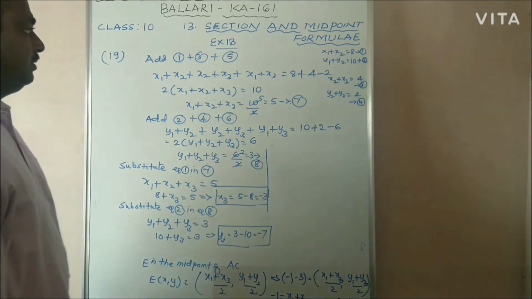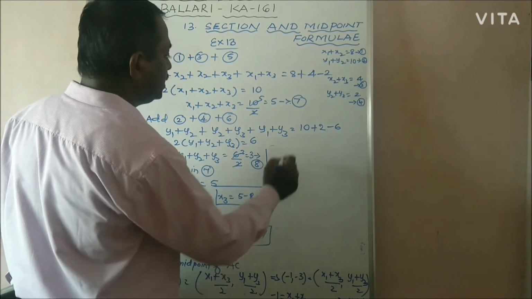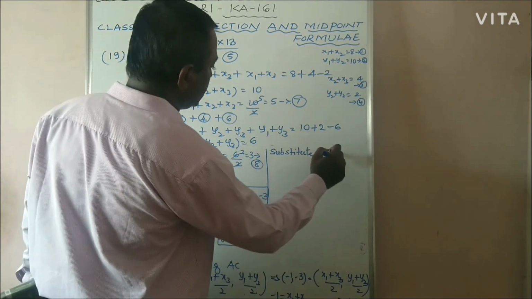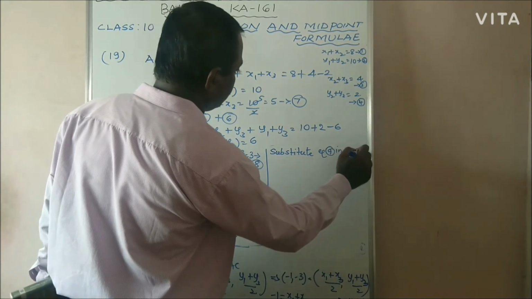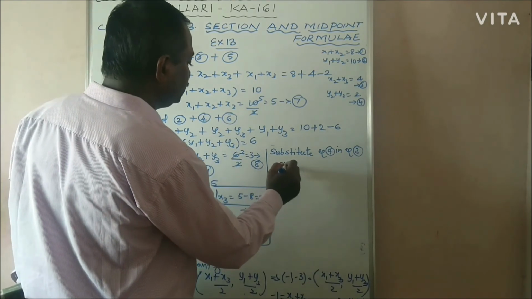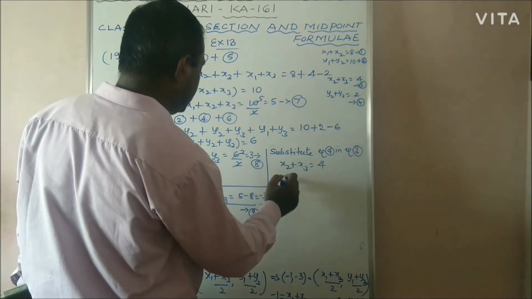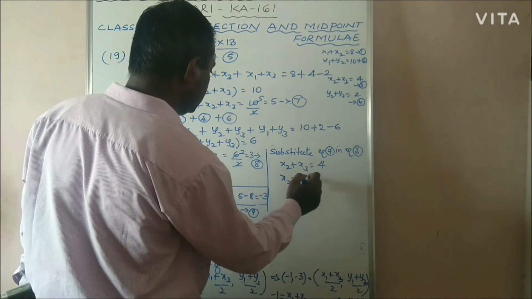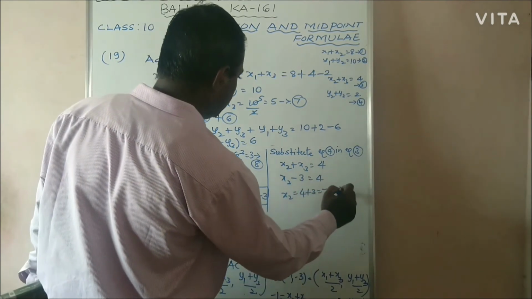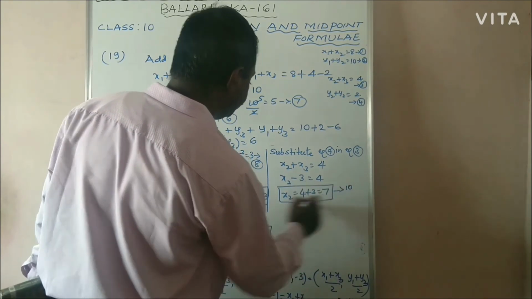Now I got the x3 value. If I substitute this, equation 9, in equation 3, what happens? x2 plus x3 is equal to 4. So we know the x3 value: x2 minus 3 is equal to 4. x2 is equal to 4 plus 3 is equal to 7. Equation number 10. So this is x2.